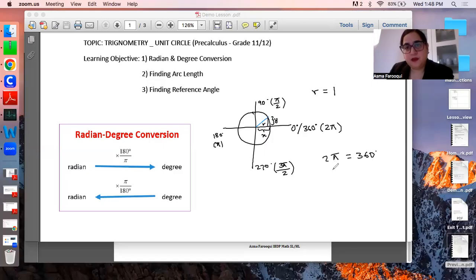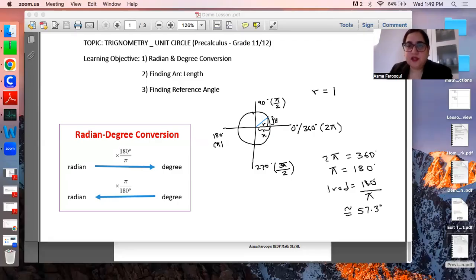Then pi is 180 degrees. So 1 radian is actually 180 degrees divided by pi, which is approximately equal to 57.3 degrees.